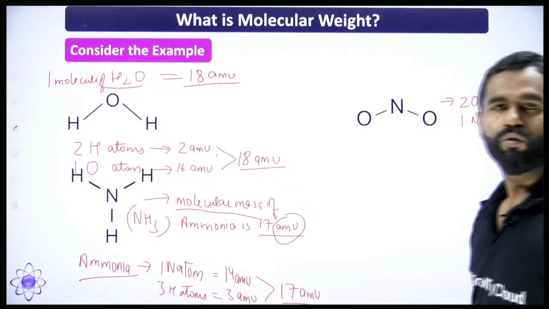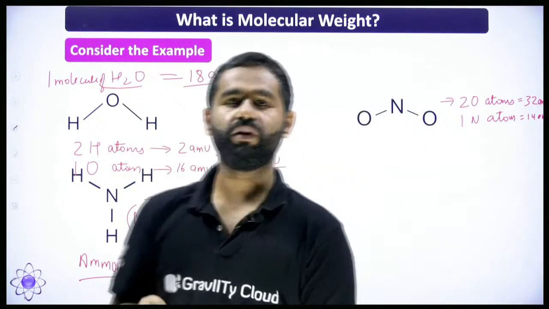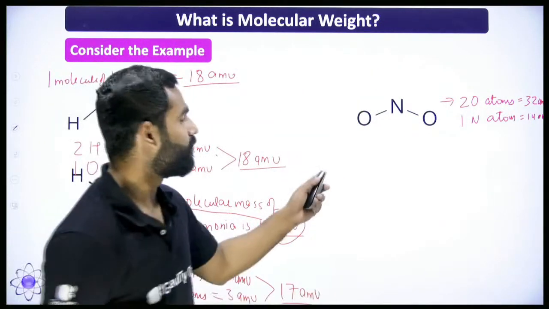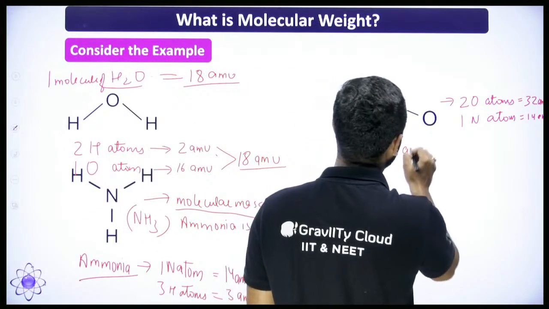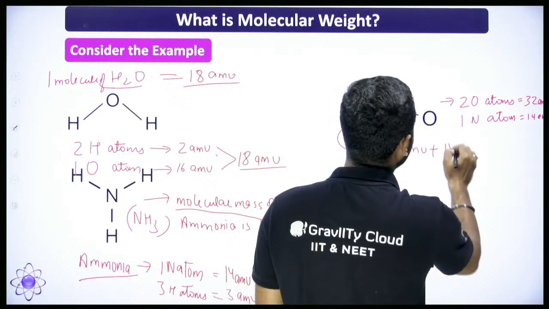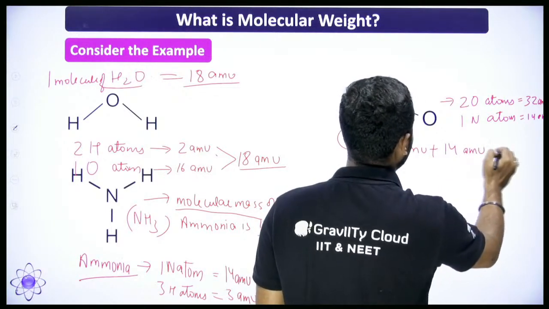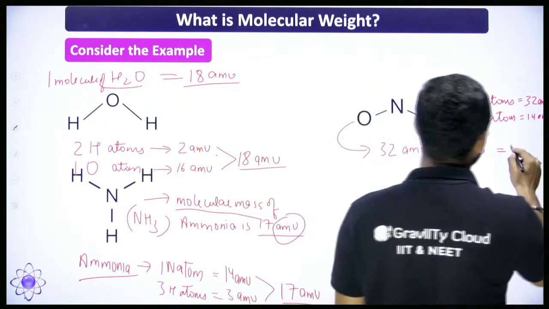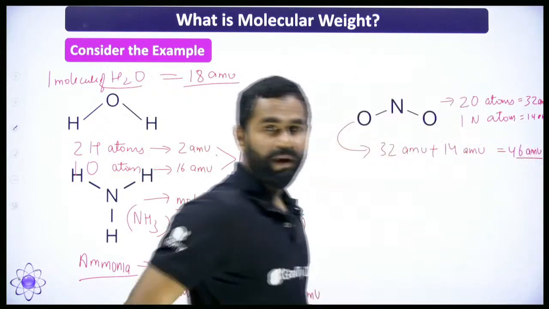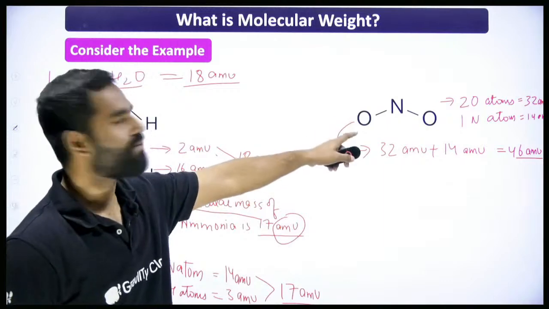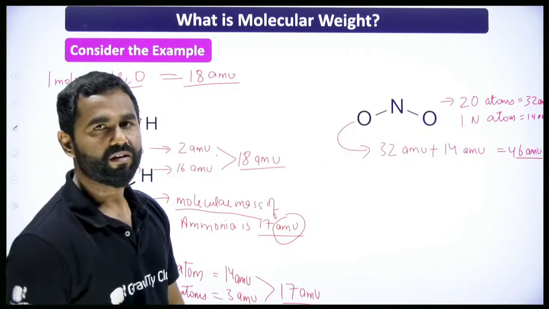So the total mass of the NO2 molecule is 32 AMU plus 14 AMU, which is 46 AMU. So the mass of one molecule of NO2 is 46 AMU.